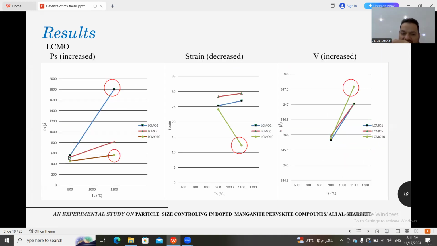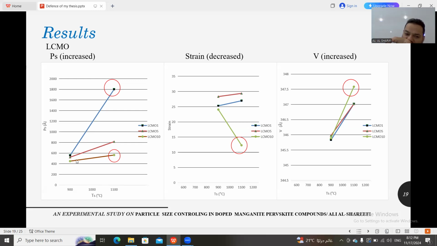Okay, let's take a look at these curves. It's easy to illustrate at one molar ratio from 900 to 1100: when I increase the temperature to the maximum, I have an exponential increase, let me say, from less than 600 to approximately 800 nanometers.